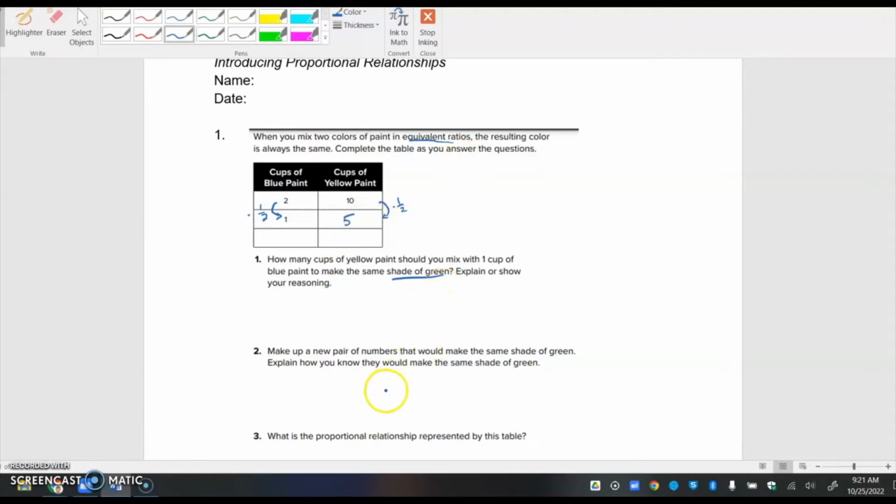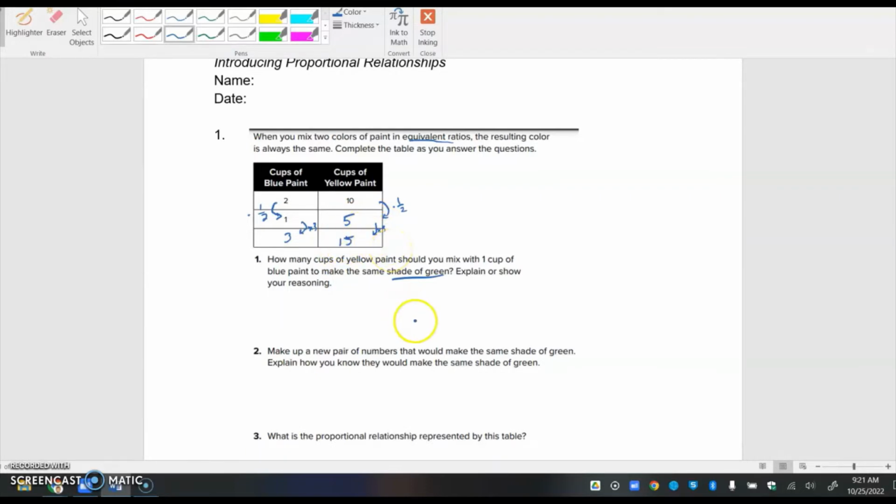Okay? Number 2 says, make up a new pair of numbers that would make the same shade. Explain how you know that they would be the same shade. Okay? So I have 1 to 5, I have 2 to 10. If I use 3 cups, and again, I could think about this as tripling my recipe. So 5 times 3 would be 15.